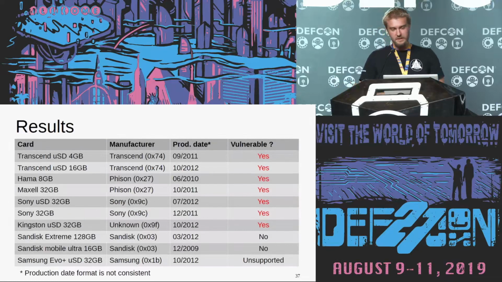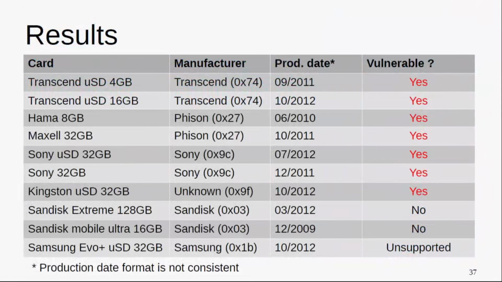So in my results, I have all those cards. Please be careful about what's written here, because this is the name that is written on the card, but inside of the card it might be another manufacturer that created the chip. So the name is not correlated to the manufacturer of the card, so this column might not be that useful.